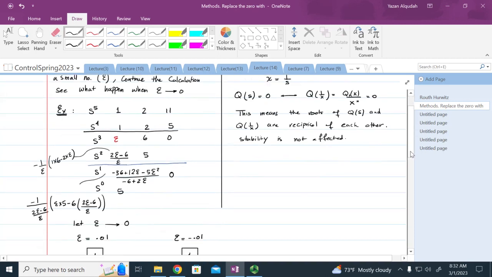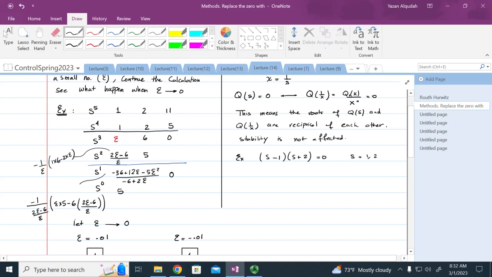What does that mean? Let's look at a simple example. If I have a polynomial that is s minus 1 multiplied by s plus 2 equal to 0. What are the roots of this polynomial? 1 and negative 2. Agree?